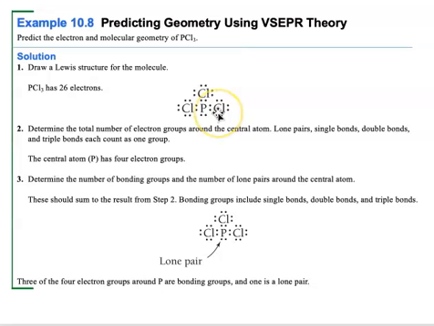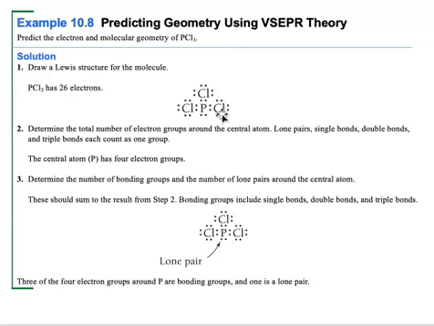Since each chlorine atom only needs to pick up 1 additional electron, and phosphorus has 5, it needs 8, it needs to pick up 3 additional electrons. It's going to pick those up by bonding with and sharing those electrons with 3 individual chlorine atoms.